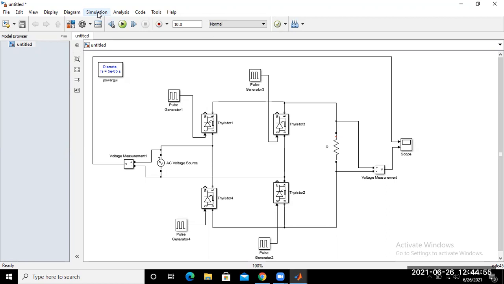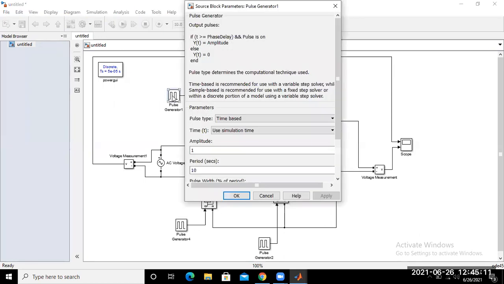So our circuit is almost completed. Just provide the pulse generator delay angle. Double click on the pulse generator. Take the amplitude 10.